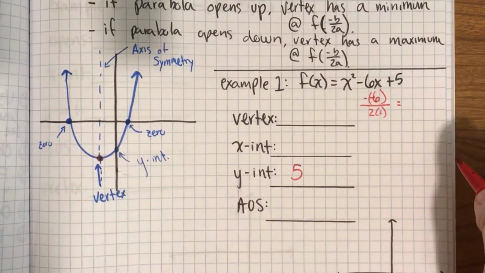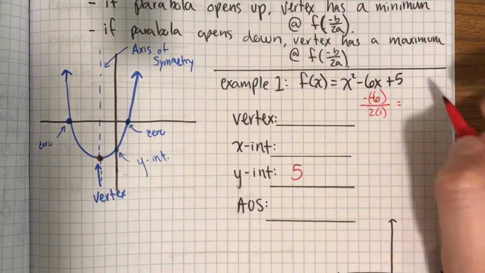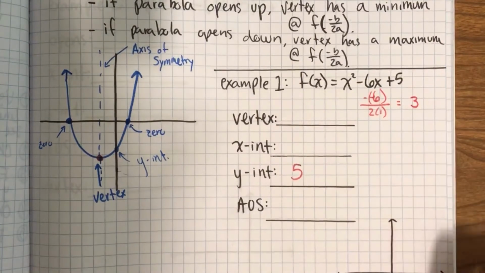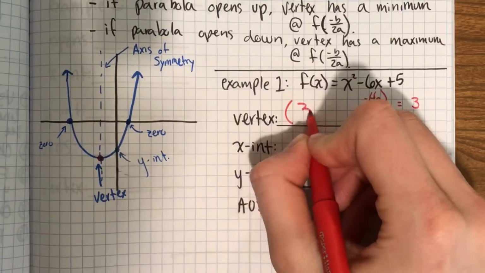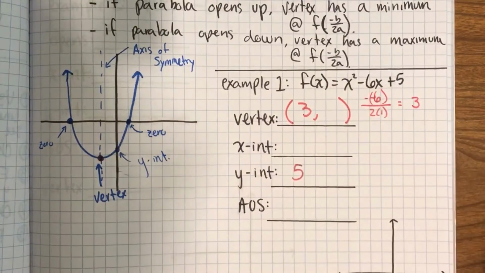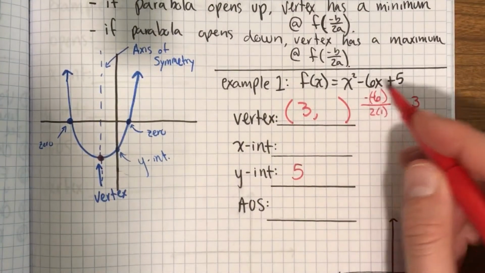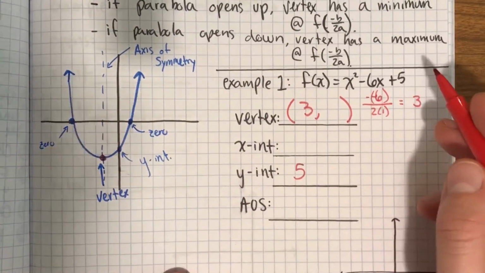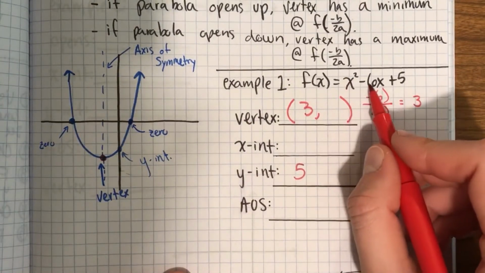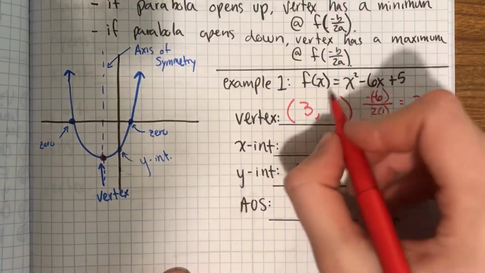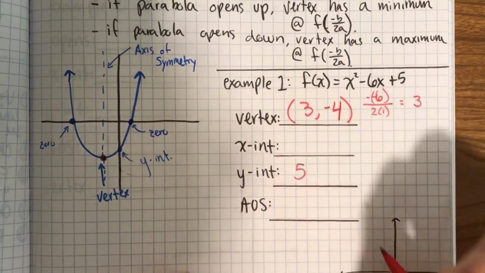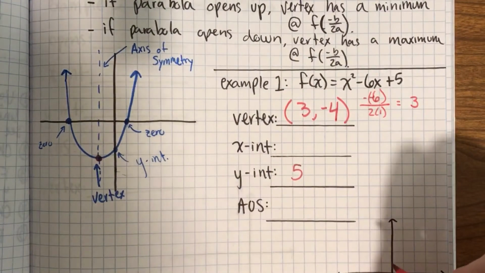That means the x value of my vertex is 3. Then to find my y value, I plug my 3 into my equation. After I do that, 3 squared minus 6 times 3 plus 5, I do some math and get negative 4.